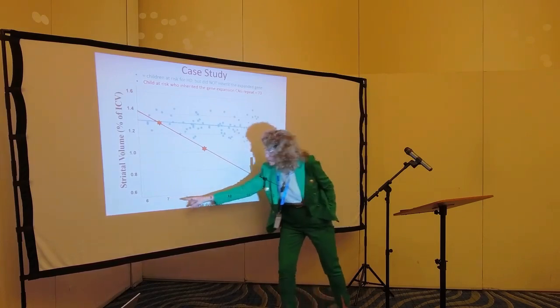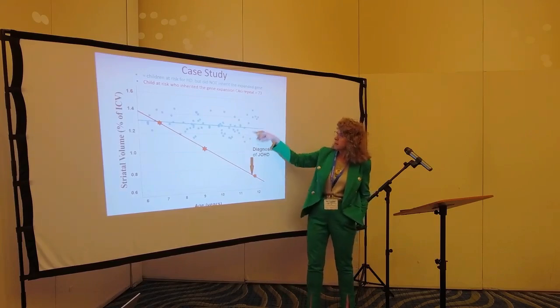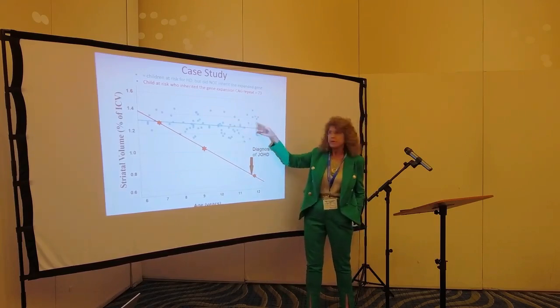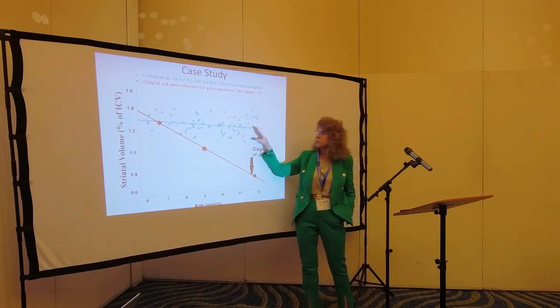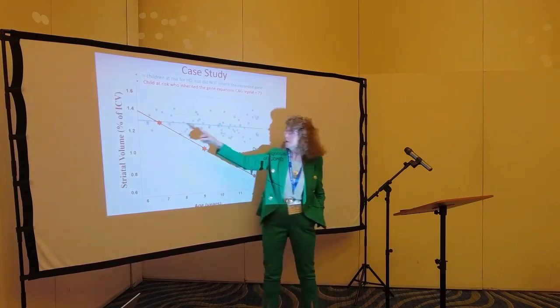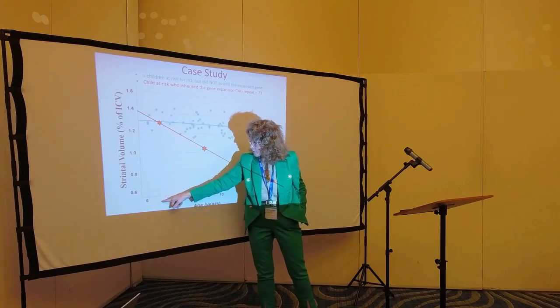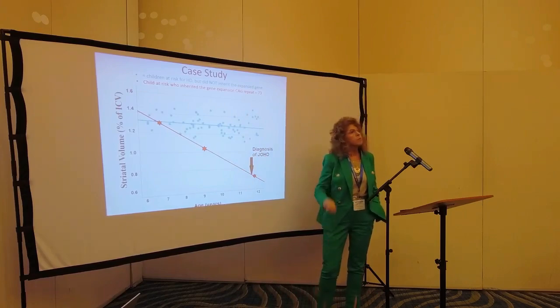At the bottom here is age, from 6 to 12. This is what happens over time, normal and healthy. You can see that it decreases a little bit, that's normal, but it doesn't decrease a lot. This was a young person who came into our study at a little bit less than 6 years old. Remember, it's a study of children at risk, so there were no symptoms at the time.